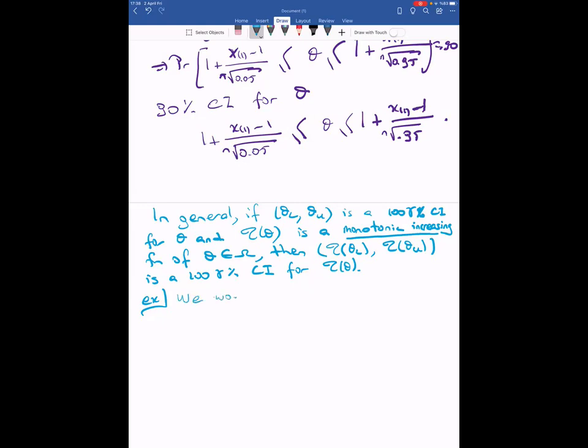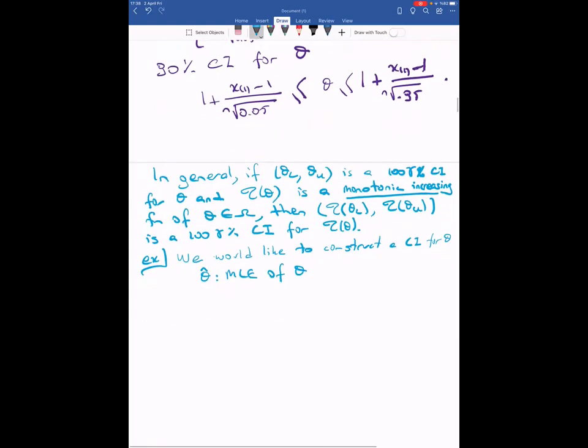We would like to construct a confidence interval for theta. Let's say theta hat is the MLE of theta, and we know that log theta hat is distributed as normal. But we want to construct an interval for theta.